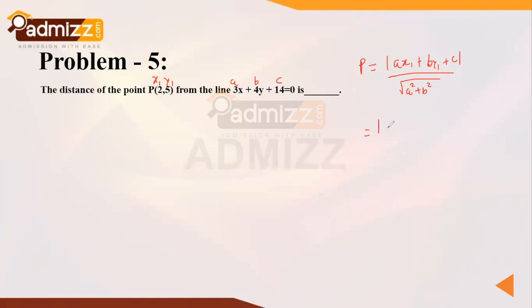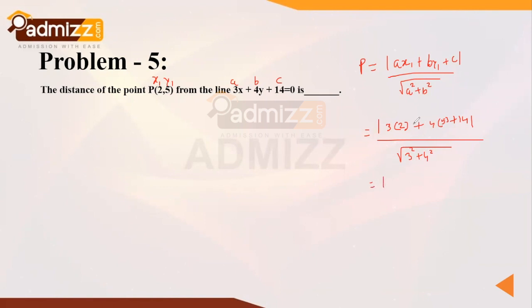So the a value is 3, product with 2, plus the b value, that is 4, product with 5, plus the c value, that is 14, and it is whole divided by under root of 3 square plus 4 square.